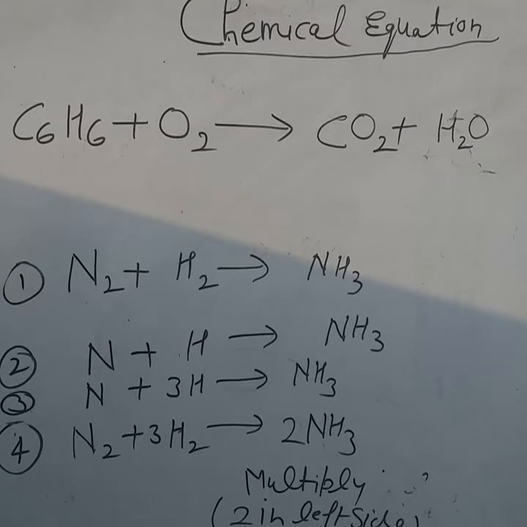The next step: now balance the number of atoms on both sides. Here nitrogen is single on both sides; hydrogen is single on the left and 3 on the right. So multiply hydrogen by 3 on the left side. Now the number of nitrogen is 1 and hydrogen 3 on both sides.